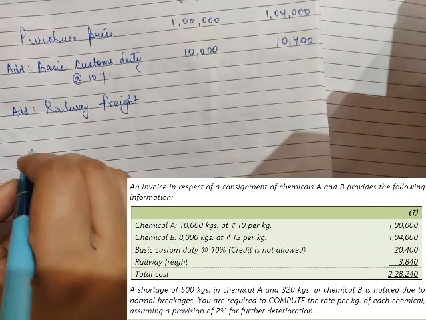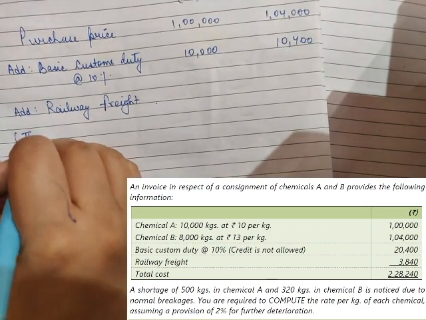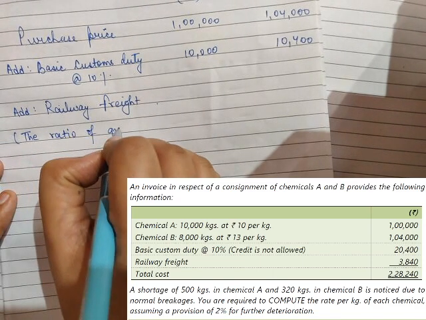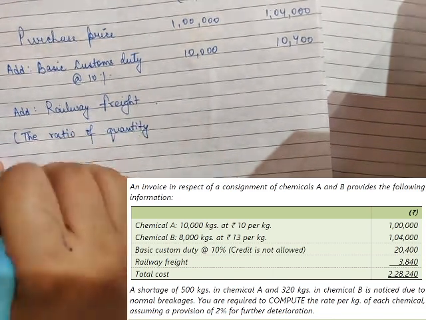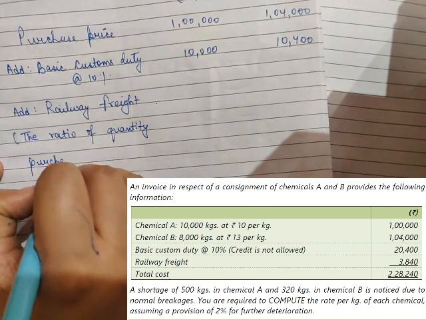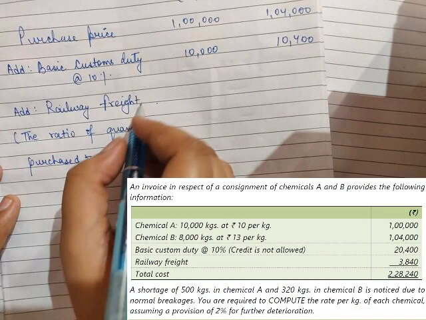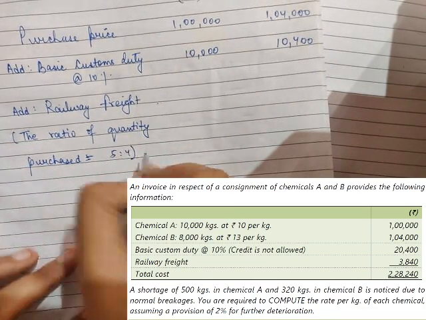So the ratio of quantity purchased will be taken, which is 10,000 is to 8,000, that is 5 is to 4.